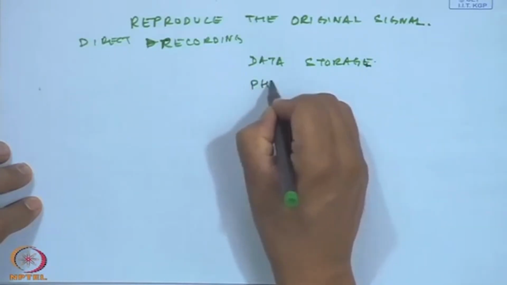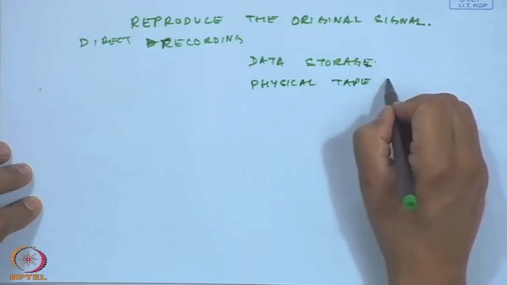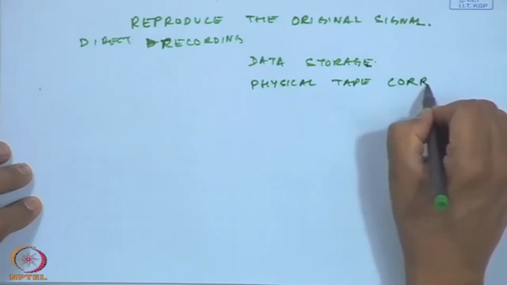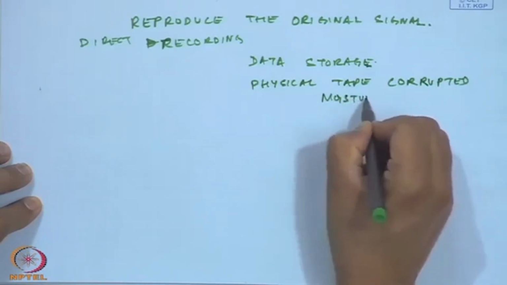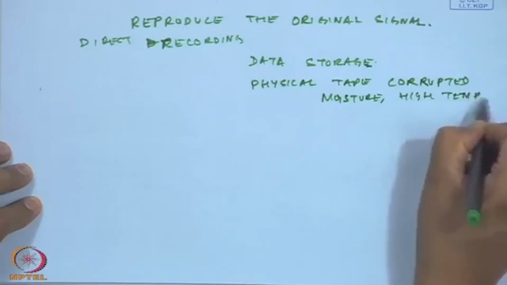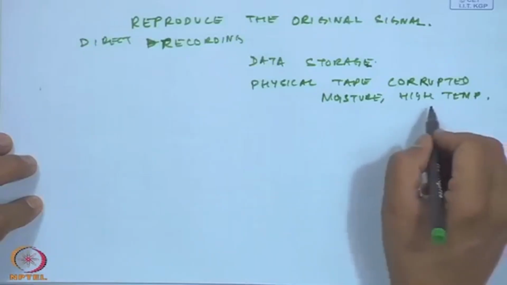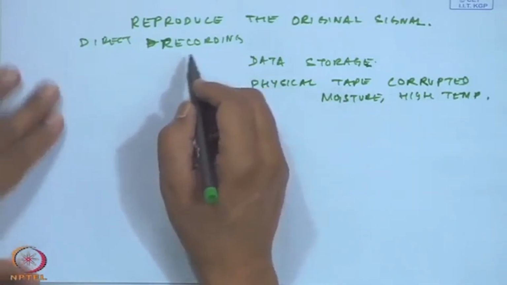The physical tape may get corrupted because of moisture, high temperature, etc. You must have seen, if you ever have your old spool tapes or cassette tapes stored elsewhere, you will see if you do not care about the moisture around, there will be a lot of fungi formation on those tapes, and you will lose the signal quality, etc. And these are the problems.